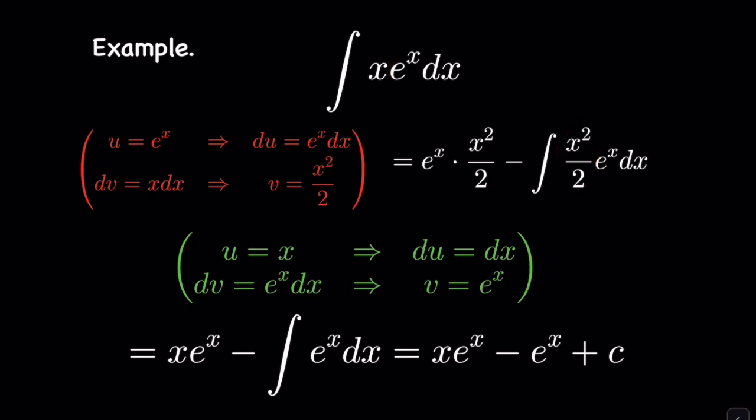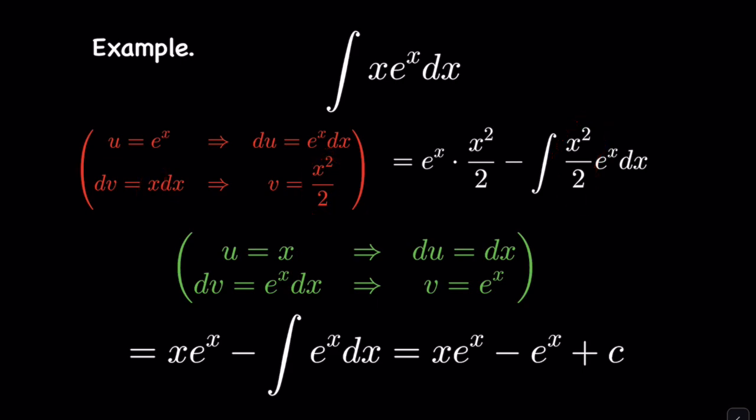The reason is that we took dv to be equal to x dx, and the integral of x is more challenging than x. By choosing v to be x squared over 2, we are basically replacing x with x squared over 2. That's what happened here.